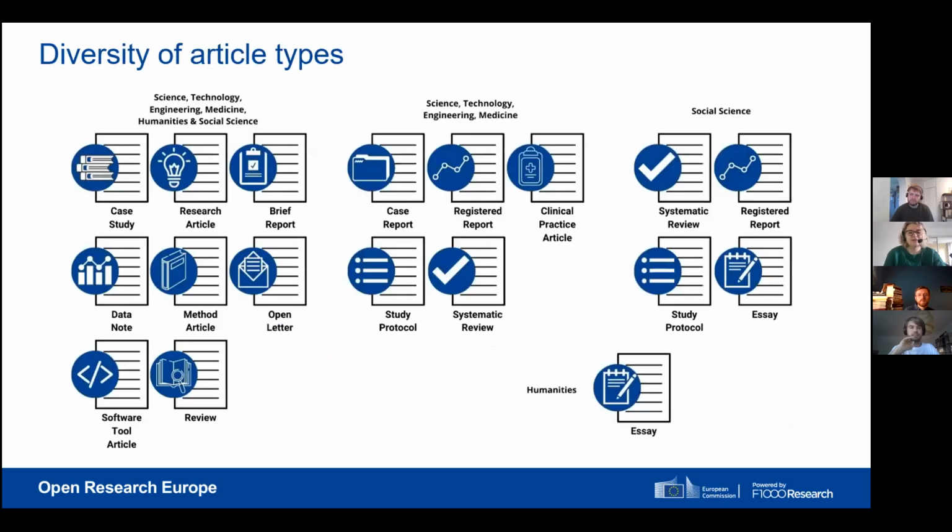So the next step is to choose the type of article that you're going to submit. One of the things that the European Commission was really committed to was capturing all types of research output that's coming from the projects that they fund, to ensure that none of the work that they're funding is wasted, if you like.